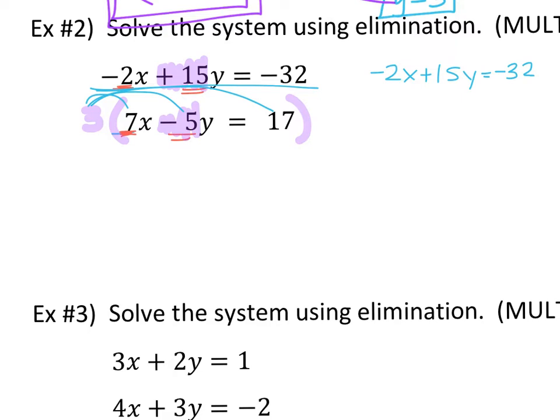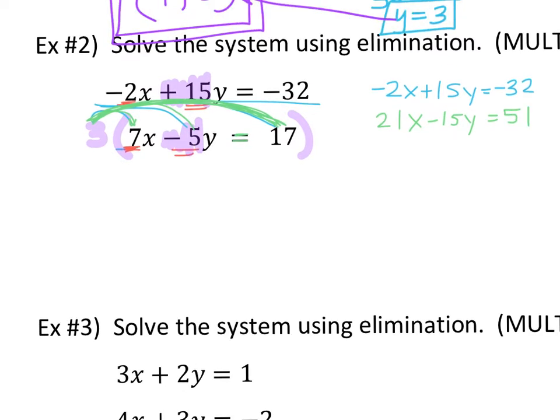So if I start here, 3 times 7x is 21x. 3 times negative 5y is a negative 15y. And 3 times 17. Don't forget this step. I know it's on the other side of the equal sign. You still have to multiply it. You're multiplying everything by that number. So 17 times 3 is 51.